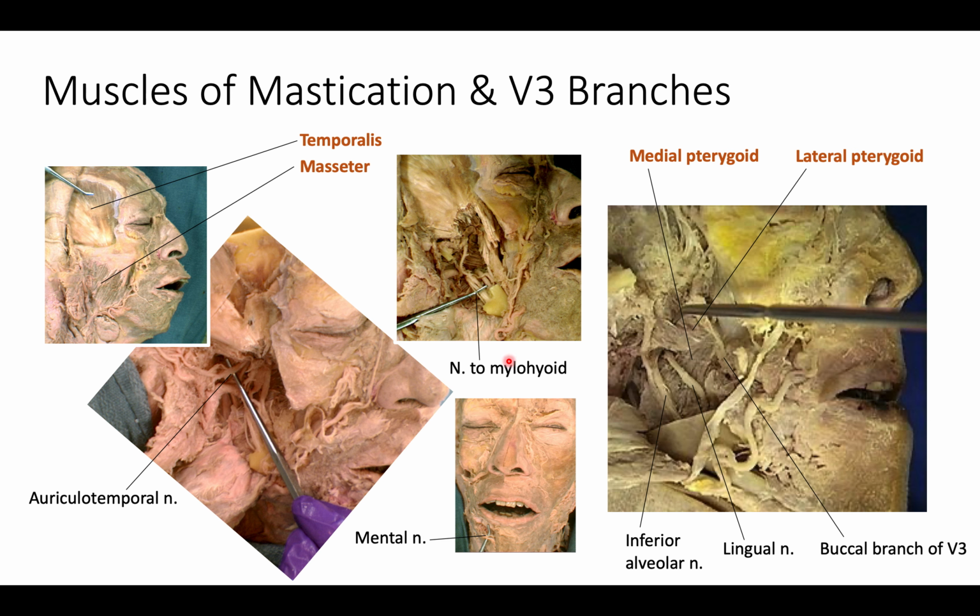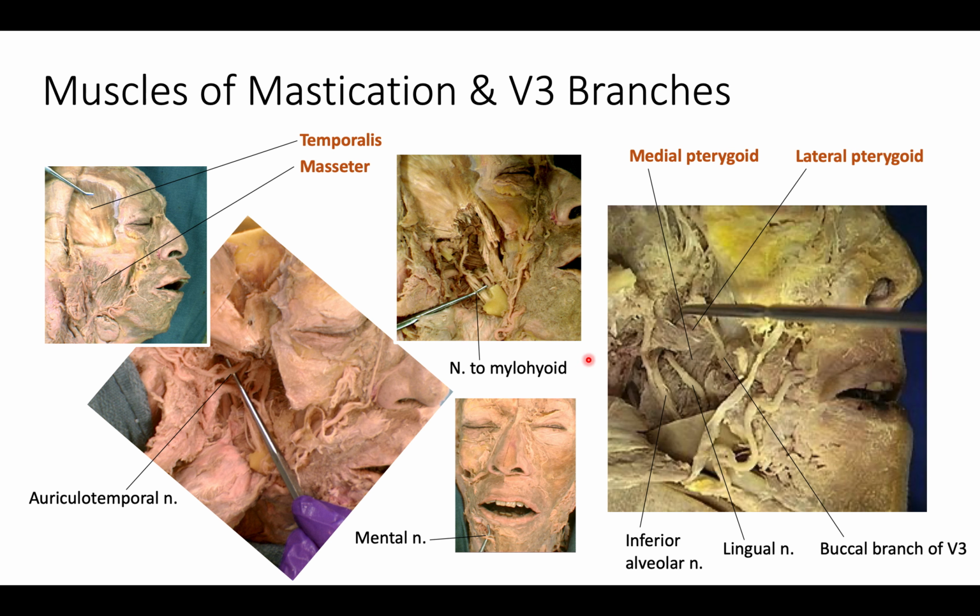So let's look at these muscles. So here is the temporalis. Here's masseter. Here's that auriculotemporal that goes around the middle meningeal. Here's that nerve, mylohyoid. It's super tiny. Here's the mental nerve.